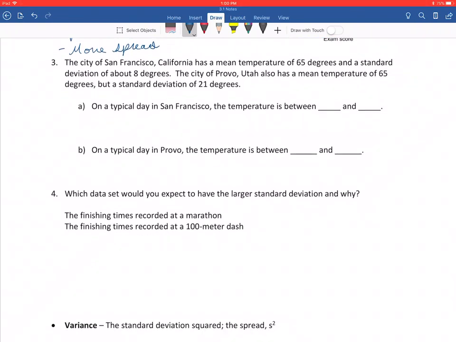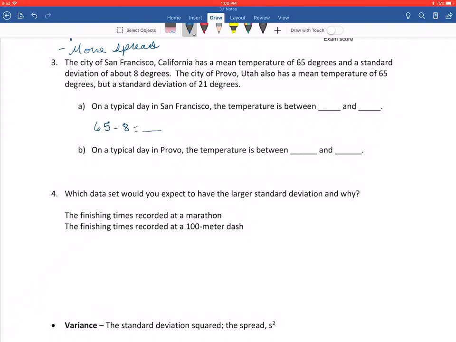Okay, in our next example, it says the city of San Francisco has a mean temperature of 65 degrees and a standard deviation of about 8 degrees. The city of Provo, Utah also has a mean temperature of 65, but a standard deviation of 21. So what this would mean is if we wanted to say on a typical day in San Francisco, the temperature is between, so typically we expect between one standard deviation above and below.